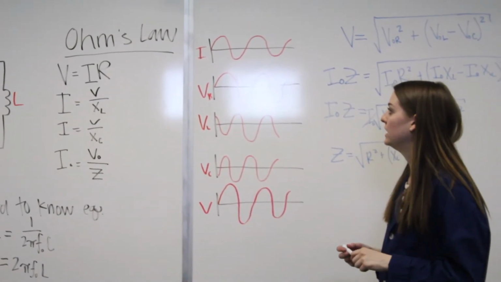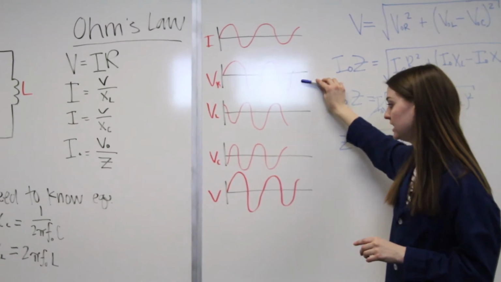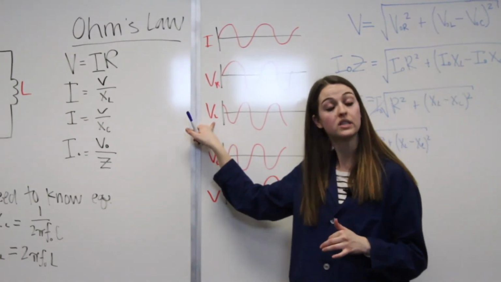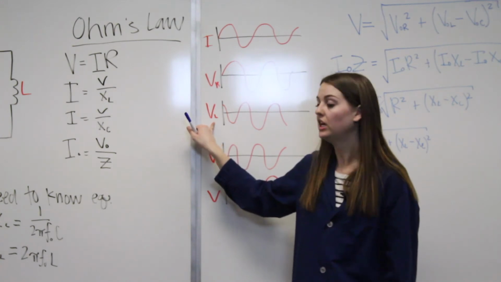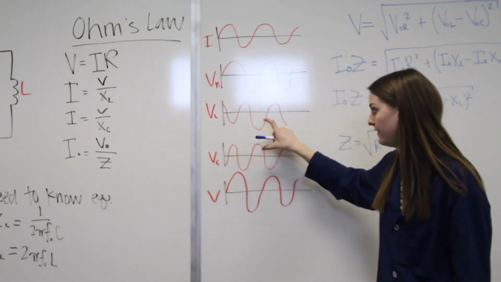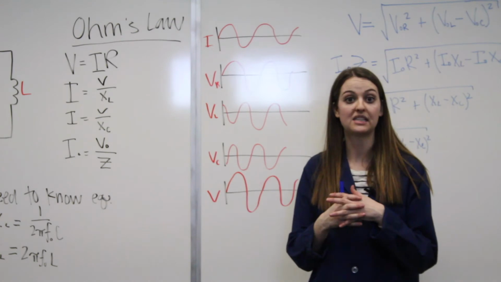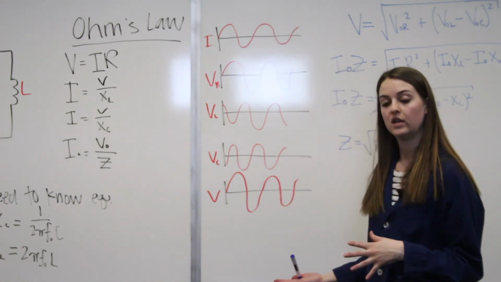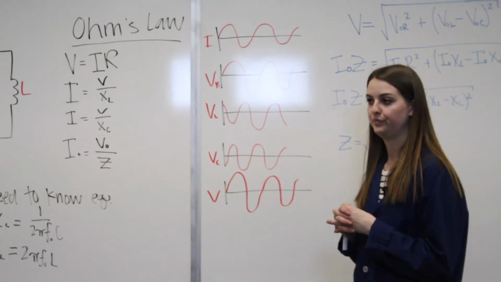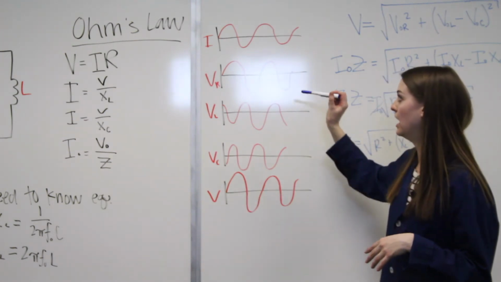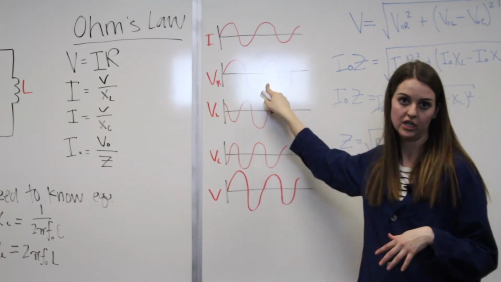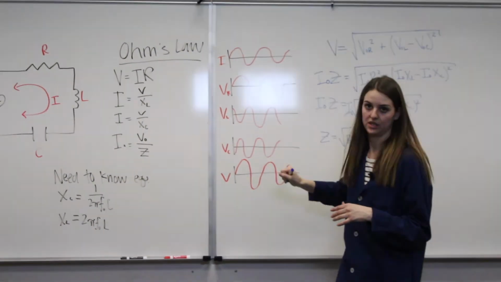So now we see that the resistor current is equal to the voltage current, and that the voltage for the inductor and the voltage for the capacitor are out of phase with each other, which makes them cancel each other out, as if the voltage is just being affected by the resistor because of this canceling out of phase.